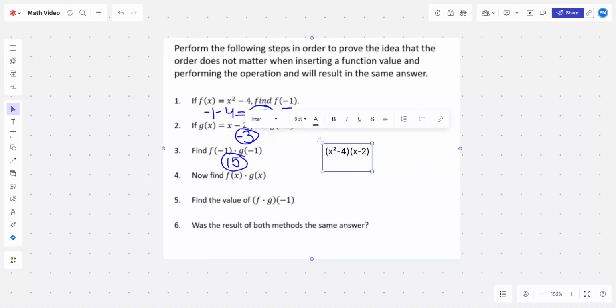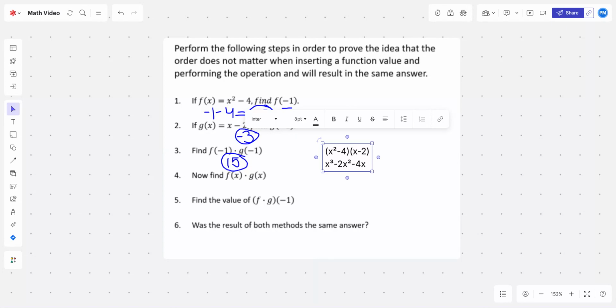Now we're going to multiply them through. X squared times x is x cubed. I'm using the method of FOIL. First, outer, so now I get x squared times negative 2, so we get negative 2x squared. Inner, so then negative 4 times x is negative 4x.